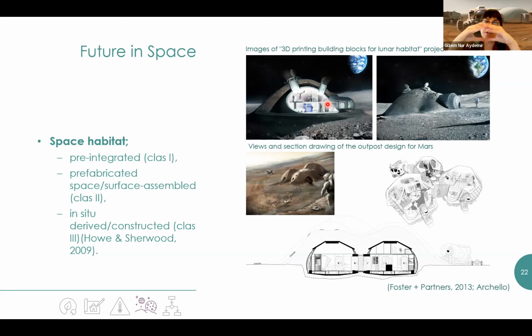So they just inflated it, and they covered the surface of the structure with the moon regolith. So actually they used all of these technologies. For that one, it's very similar, but there was no surface for the base, but they printed out these outer shells with Mars regolith.